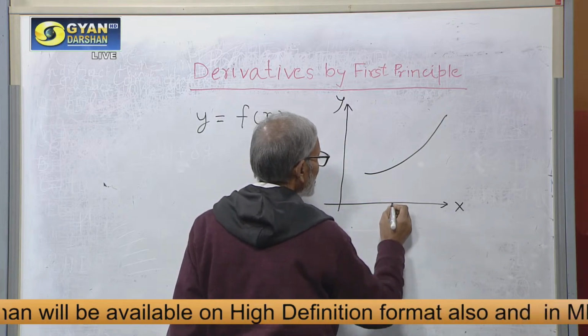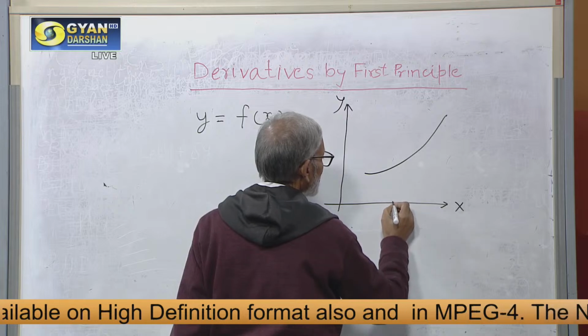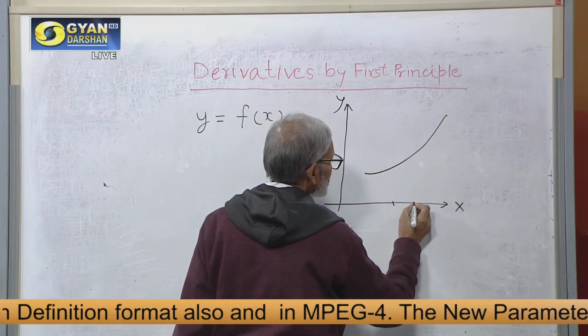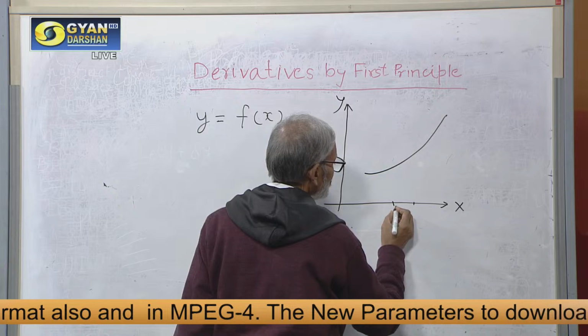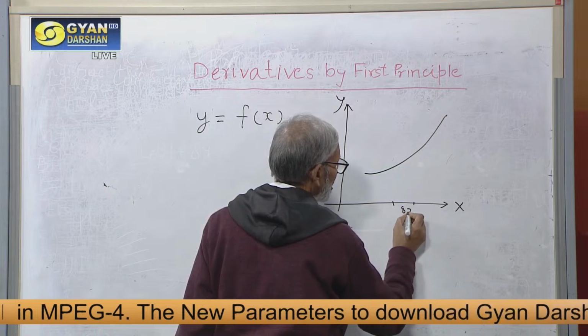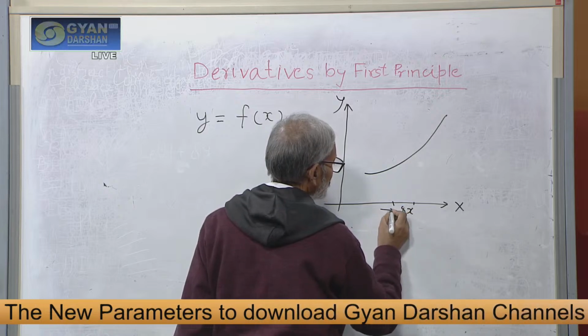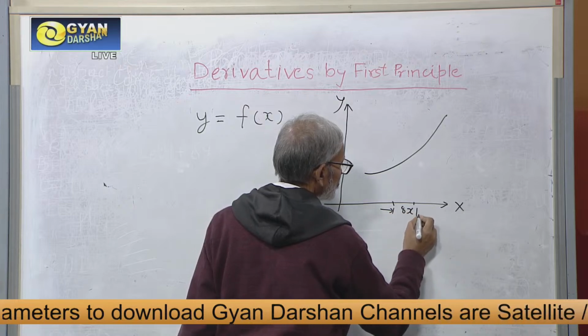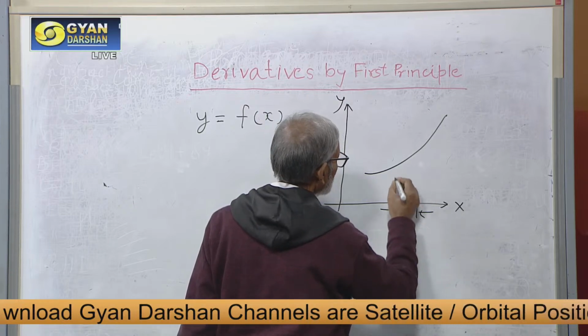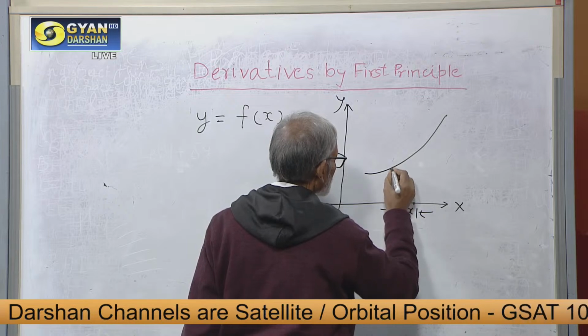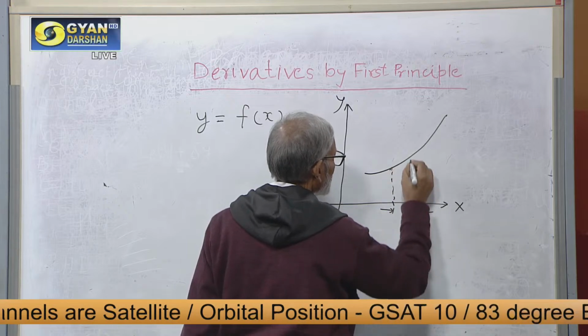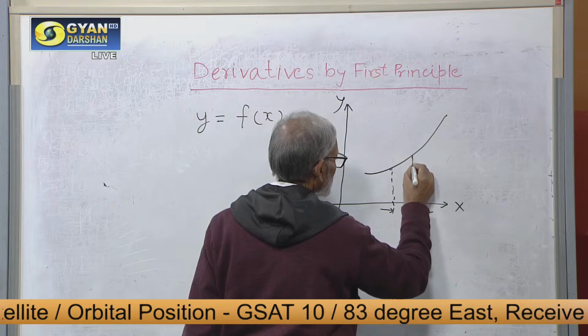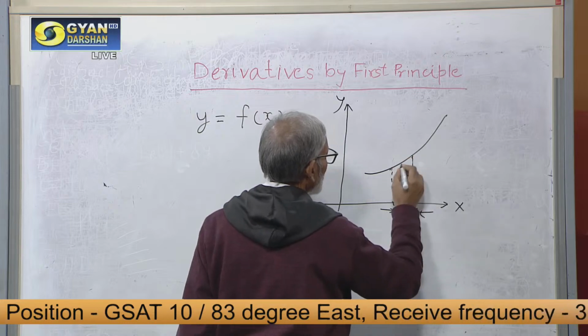So, at any point x, we move by delta x from this point to this point.